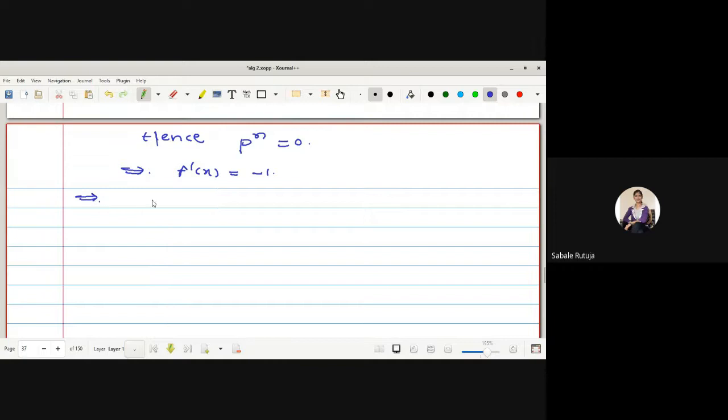This implies f(x) and f'(x) have no non-trivial common factor.